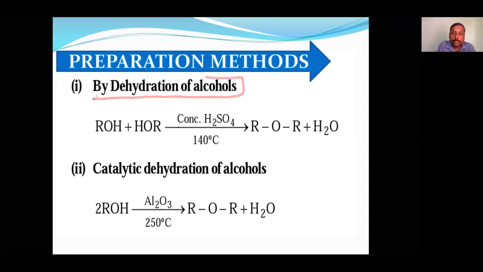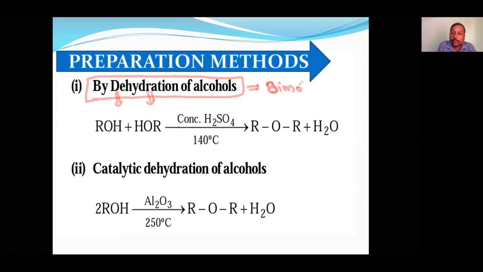If you skip even one sentence, it is going to create a problem in further understanding. And the last part is a very, very important part. So dehydration, de means removal, hydration means water. Water must be removed. So here it should be dehydration of alcohol, but it should be bimolecular.